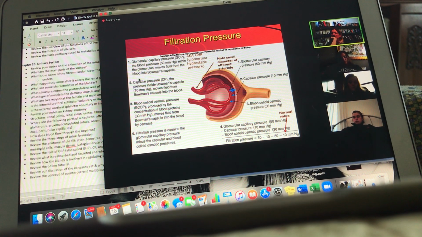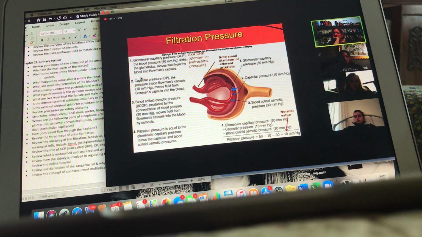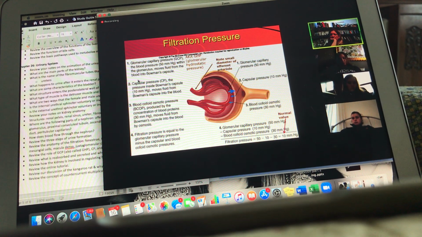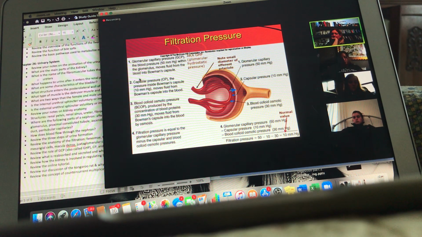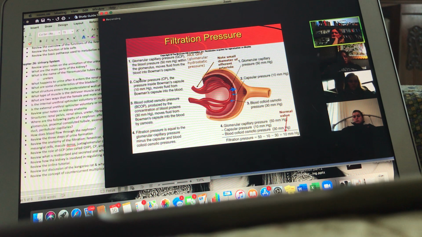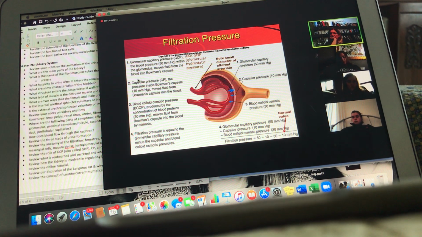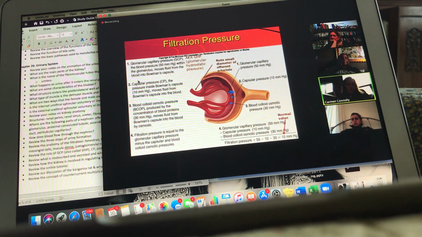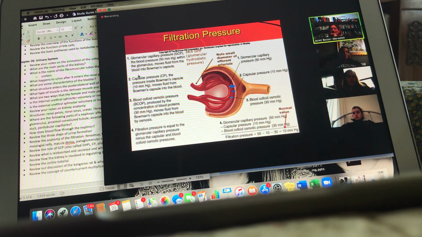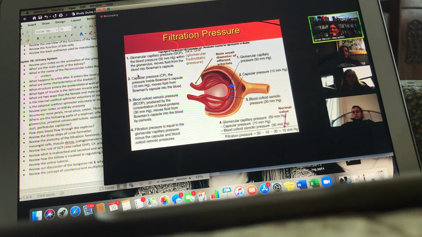What are those two things? Capsular pressure and blood colloid osmotic pressure. And what do those mean if you had to translate them into English?